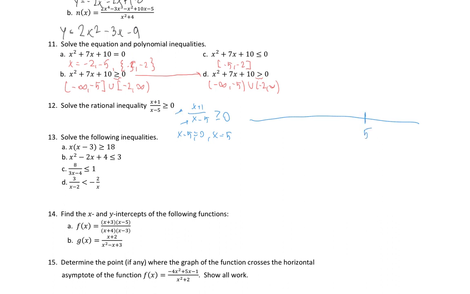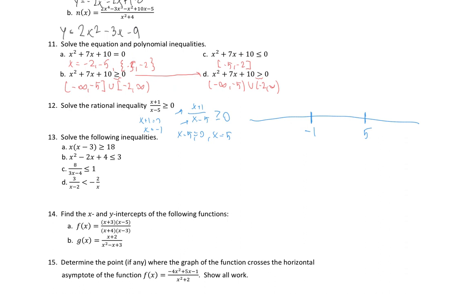And I'll set the top equal to 0, x plus 1 equals 0, x equals minus 1. Note that I can include minus 1 because you can have 0 divided by something, and that works. But I will not be able to include my 5 because something divided by 0, that's impossible to do. So whatever my intervals are, I cannot include 5. Just a note before I do anything else.